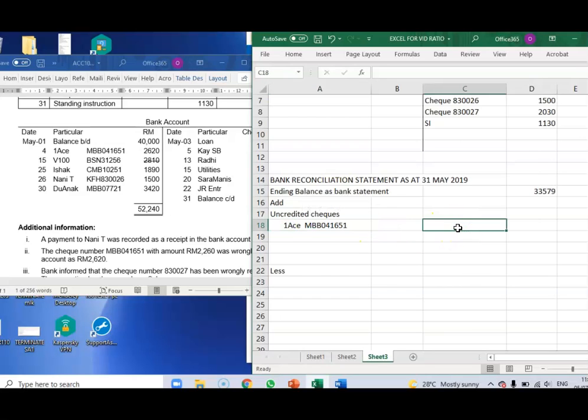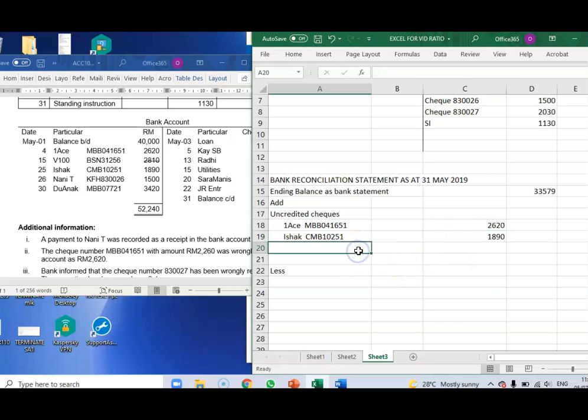Okay, and the amount of it is 2620. And another one is from Ishaq, whereby the reference is CMB 10251, and the amount is 1890.